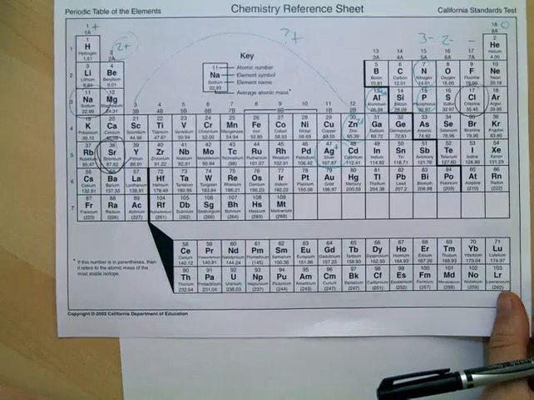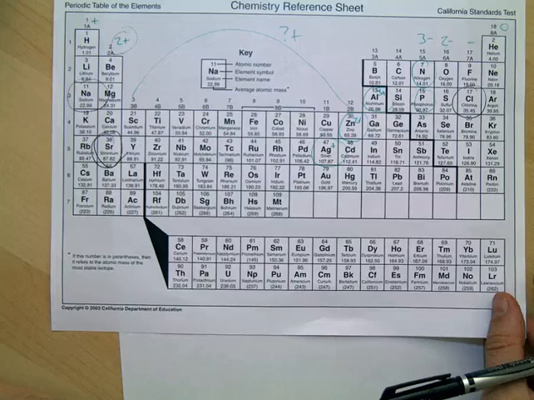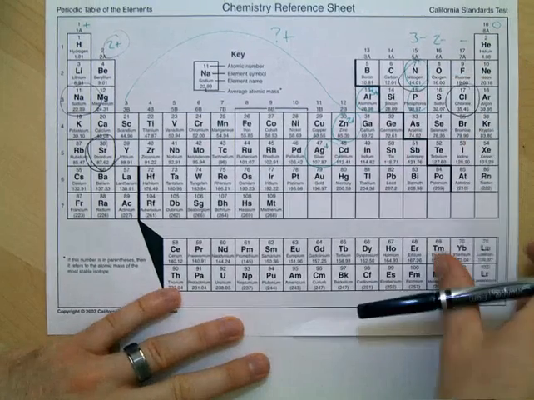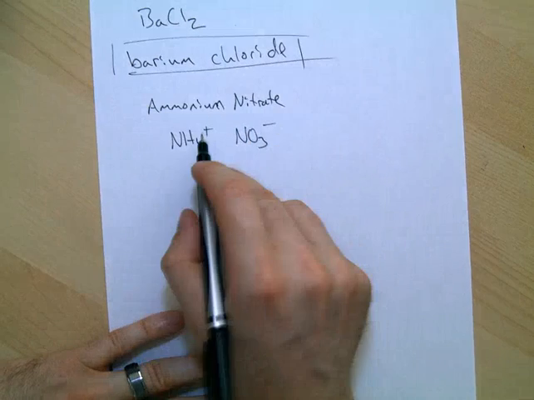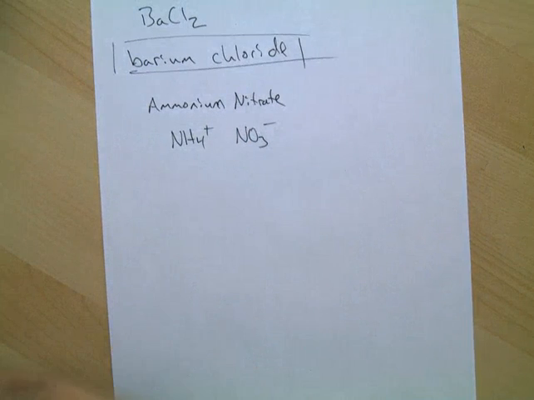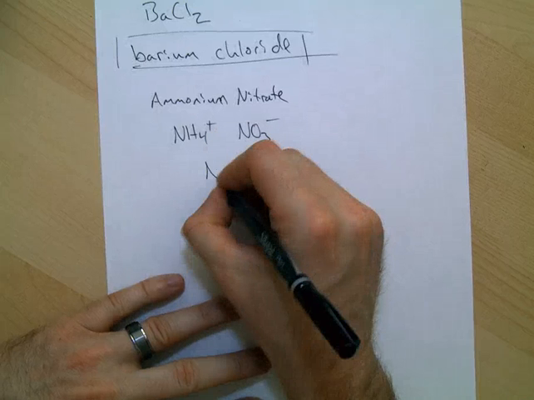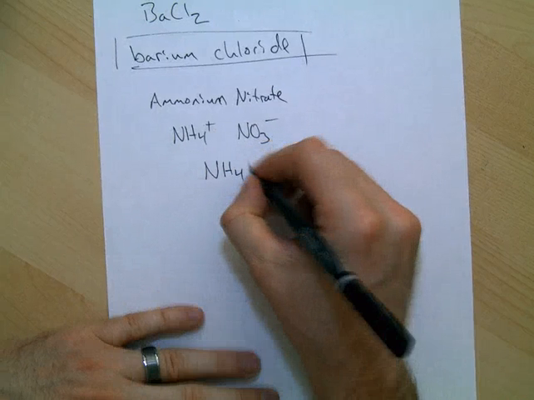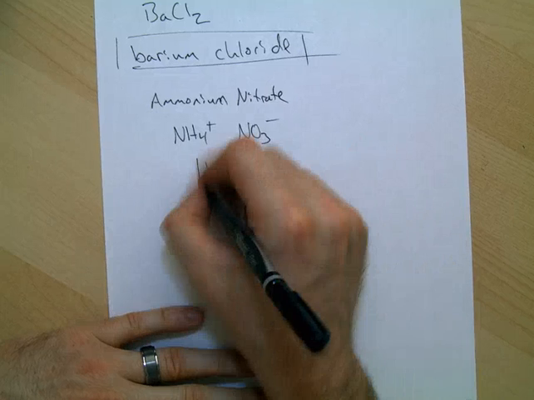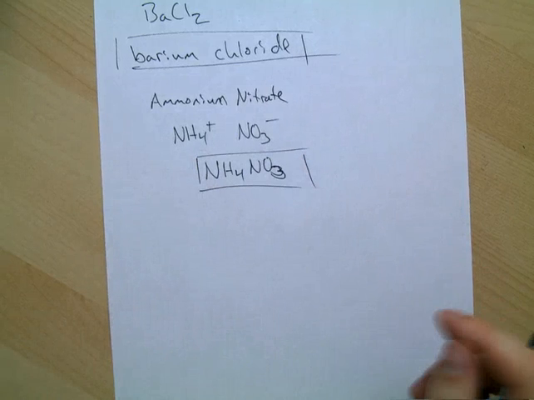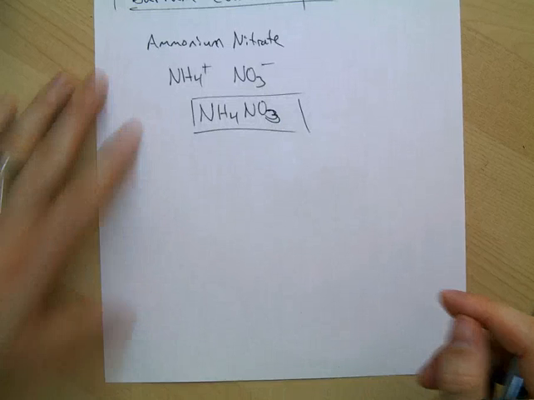It doesn't exist anywhere on here. And same with nitrate. Nitrate is not nitrogen. They're not the same thing. Nitrate is also a polyatomic ion. Notice this time the charges actually balance out. That means I don't have to do the crisscross rule. So my formula is NH4NO3, and that's it.